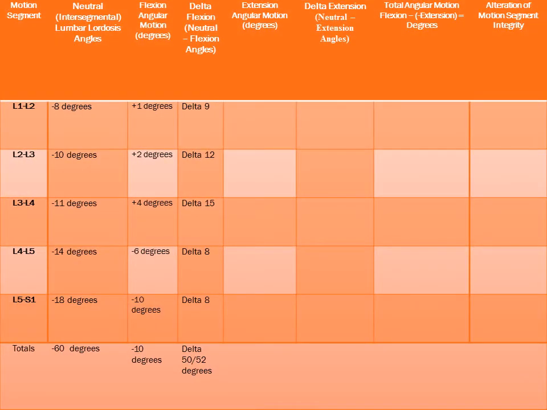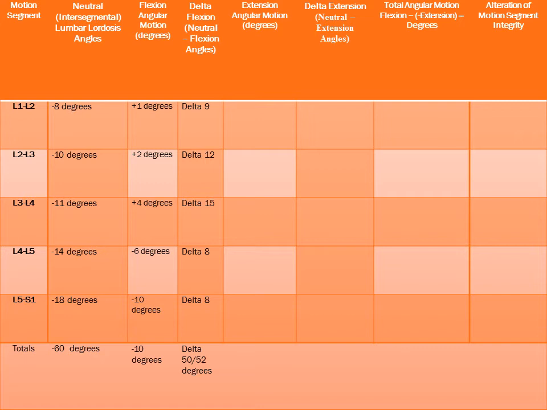So, referring back to our chart, you can see that when we started in the neutral lumbar lordosis at L1, L2, the intersegmental angle there was minus 8 degrees. When we went into full lumbar flexion, the intersegmental angle changed to positive 1 degree, indicating a flexion position of that intersegmental angle. That is a change of delta 9.